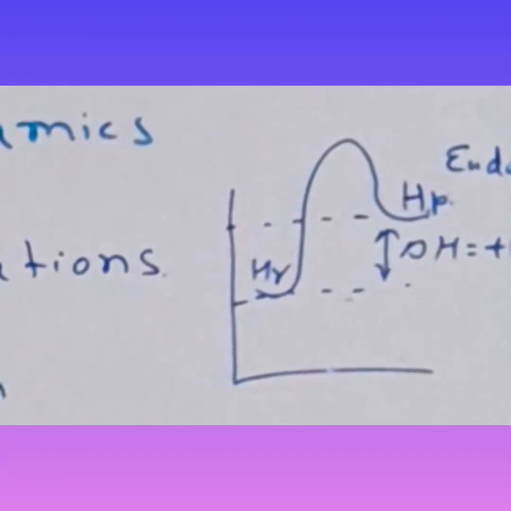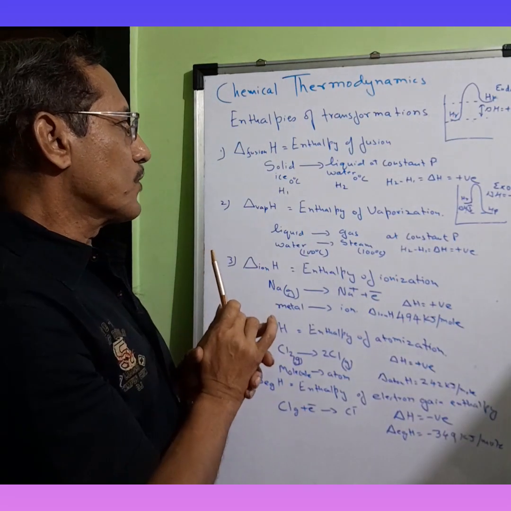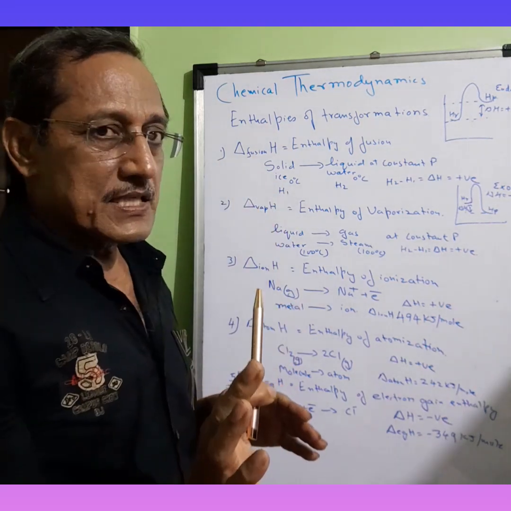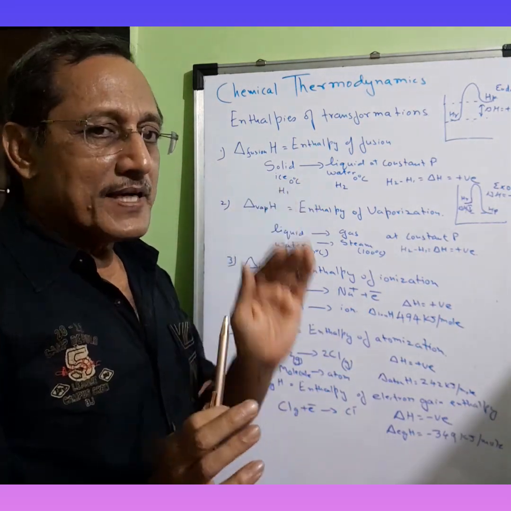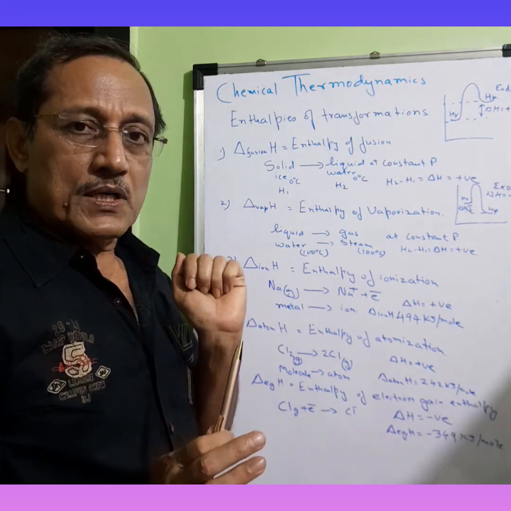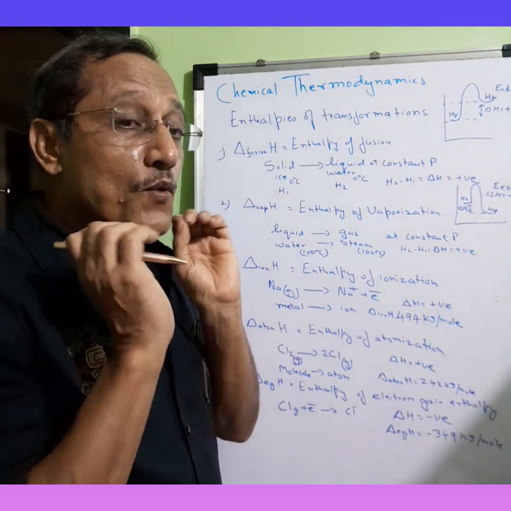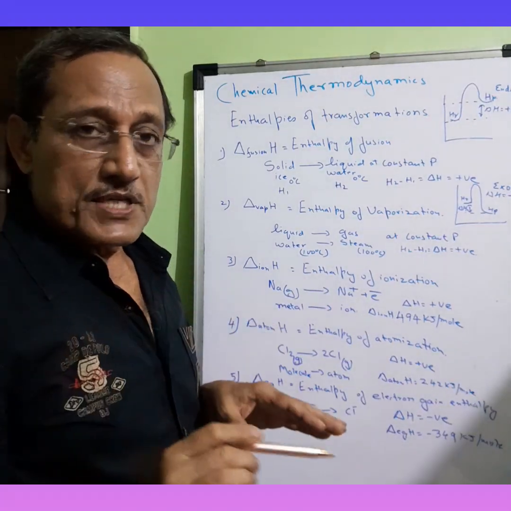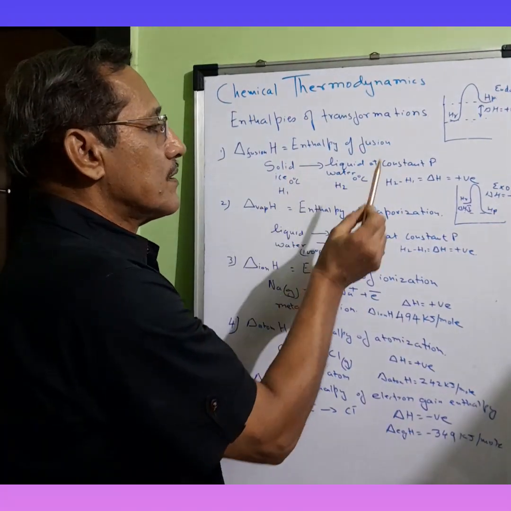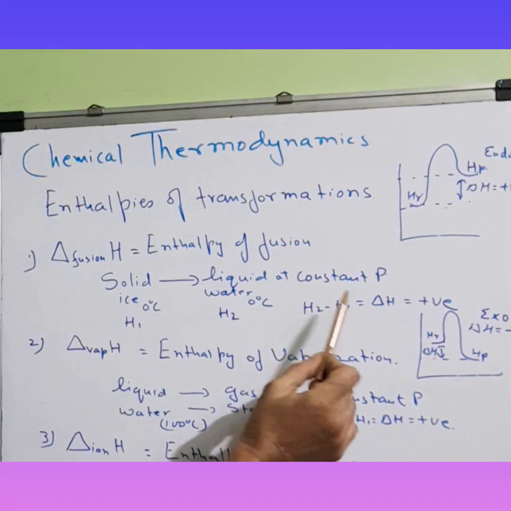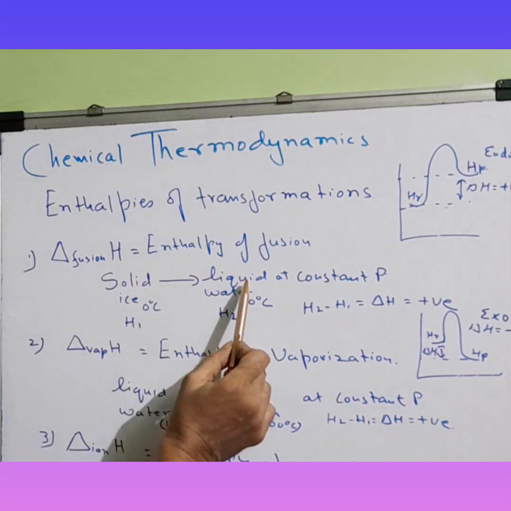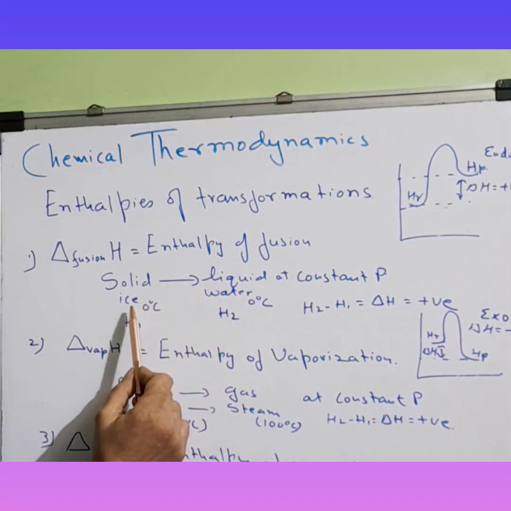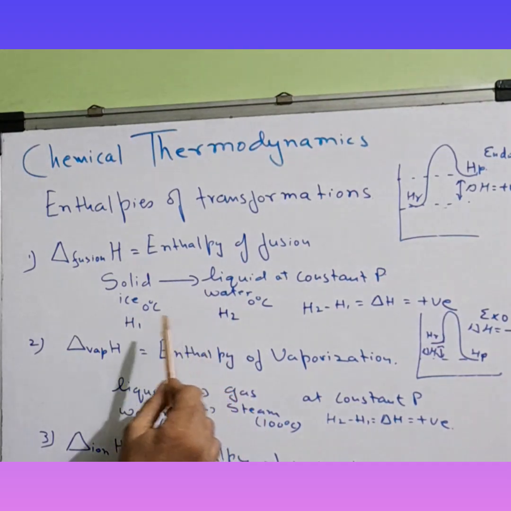Now let's check out some of the enthalpies of transformations. Now fusion, the best example for fusion is ice melting into water. Alright, so we require to provide heat, so it's an endothermic process. So del H is positive. H2 minus H1, so this is solid, liquid, ice, water, ice at 0 degree, water at 0 degree.